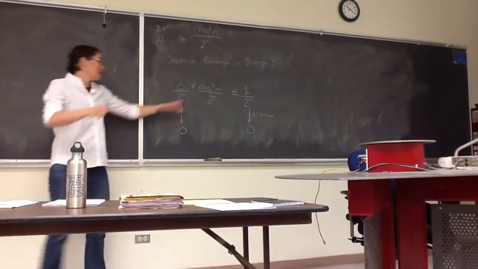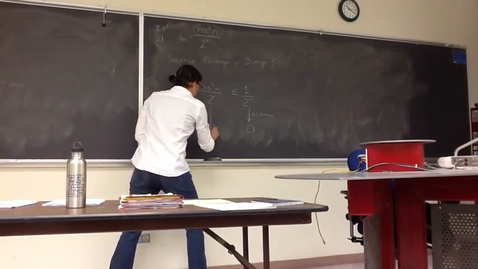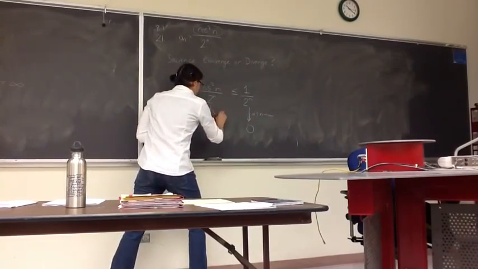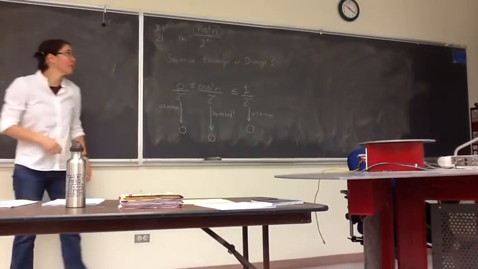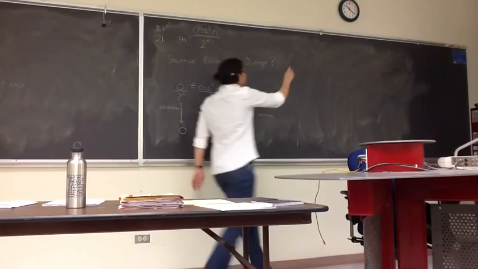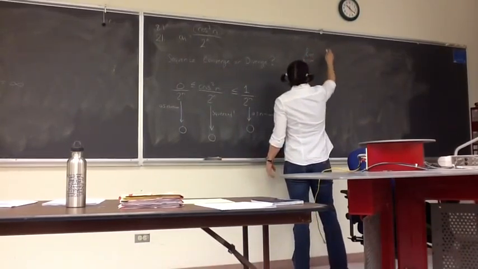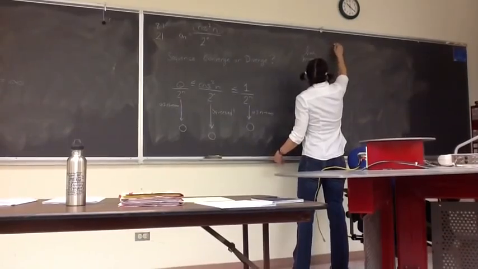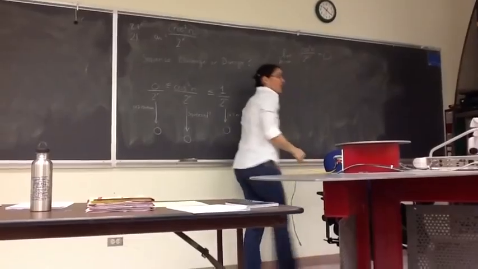And so that means we've squeezed our term in the middle between two zeros, which means our middle term has been squeezed and also goes to 0. And so our limit, as n goes to infinity, of cosine squared n over 2 to the n is equal to 0.